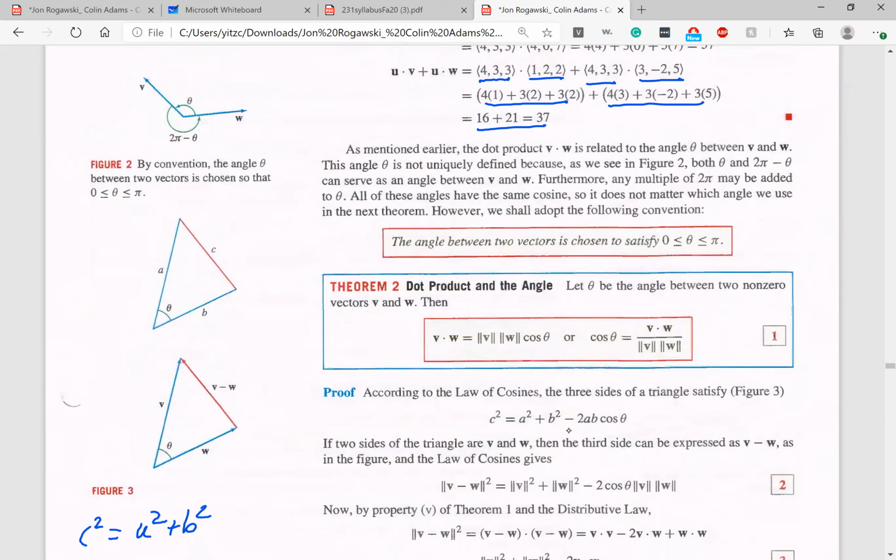It's this term over here, negative 2AB cosine of theta. And so C squared equals A squared plus B squared is basically the Pythagorean theorem, and then there's some correction term because we're not dealing with a 90-degree triangle.